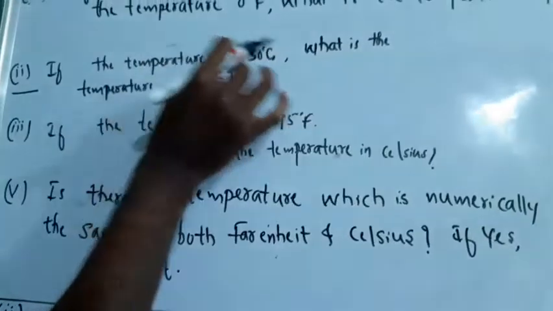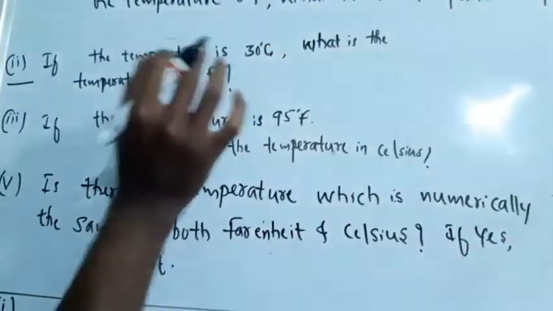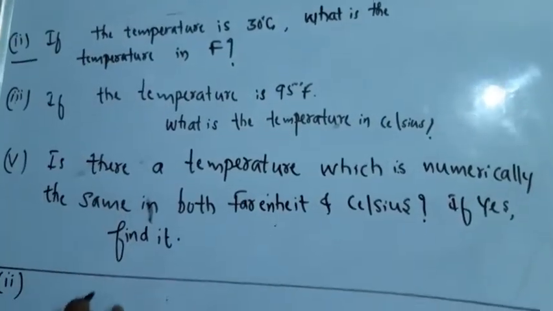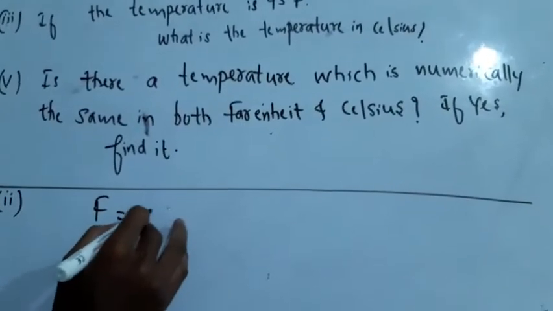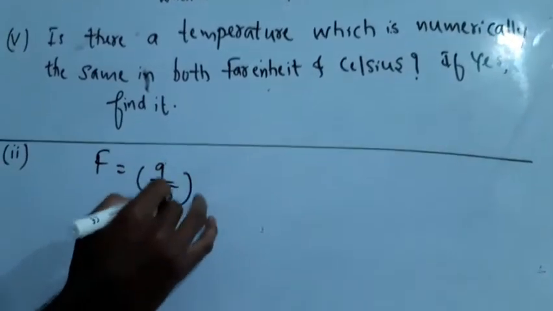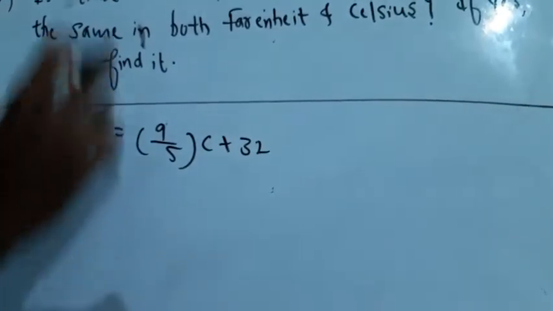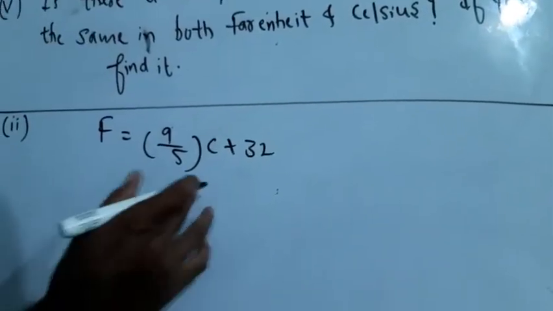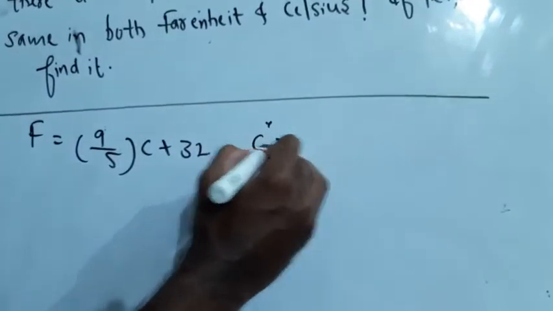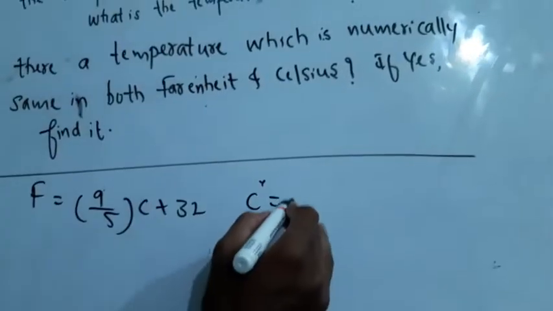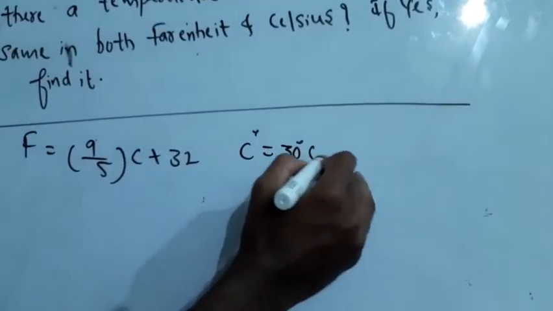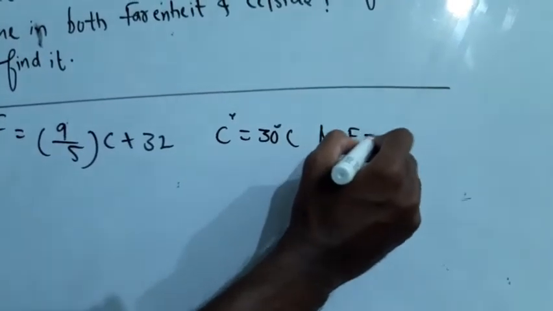Second sub question: if the temperature is 30 degrees centigrade, what is the temperature in Fahrenheit? So what is the relation? F is equal to 9 by 5 into C plus 32. If C is equal to 30 degrees centigrade, then F is equal to what?